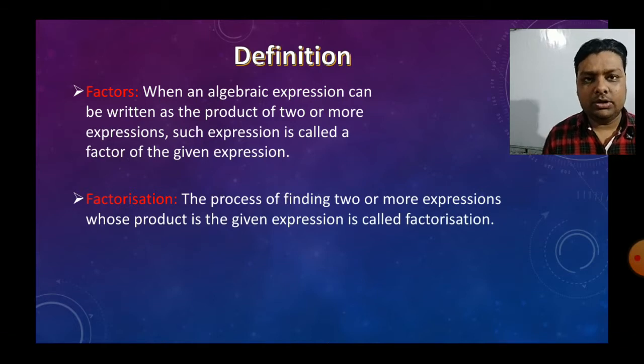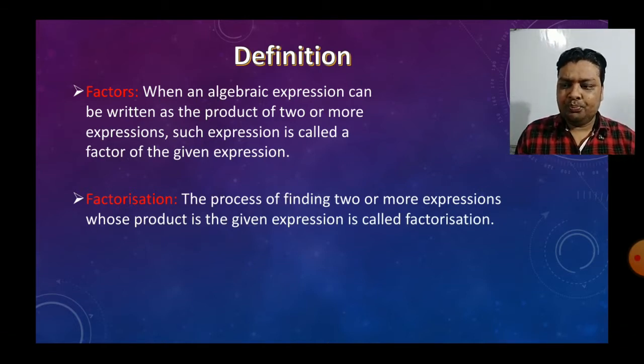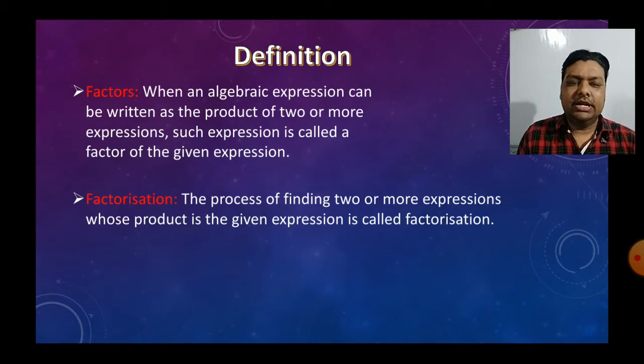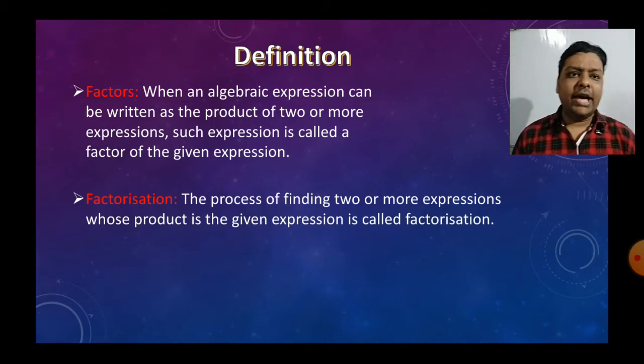For example, take x square plus x. What is common between x square and x? In both terms x is common, so x is a factor. If we separate it into a product of two expressions, then we can say that we can factorize it.